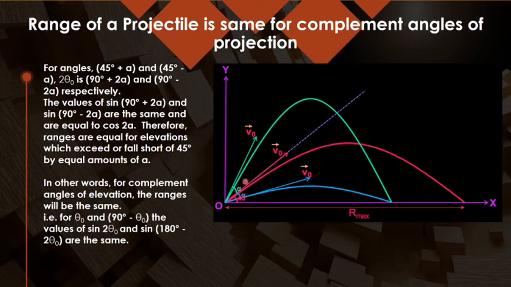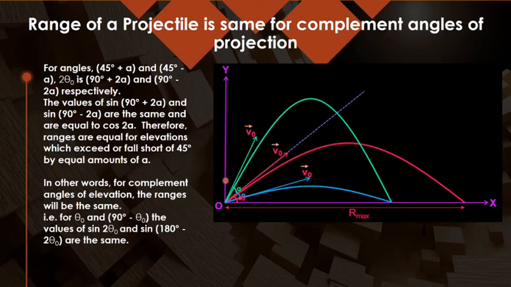Now you can see what are the angles of projection for which the horizontal range comes out to be same. That is, like I have said, 45 degree. The maximum value comes out to be the same whether I throw it from the horizontal direction or from the vertical direction.